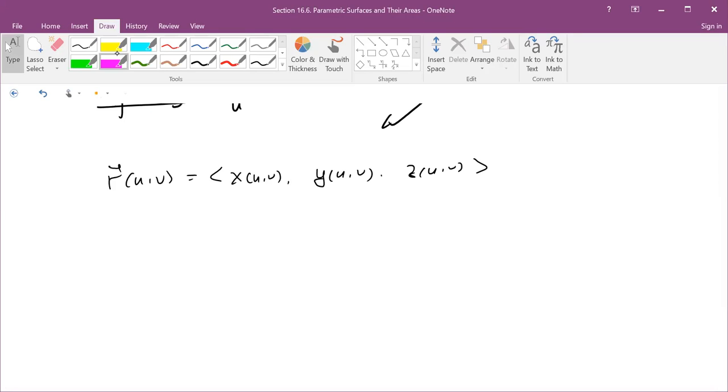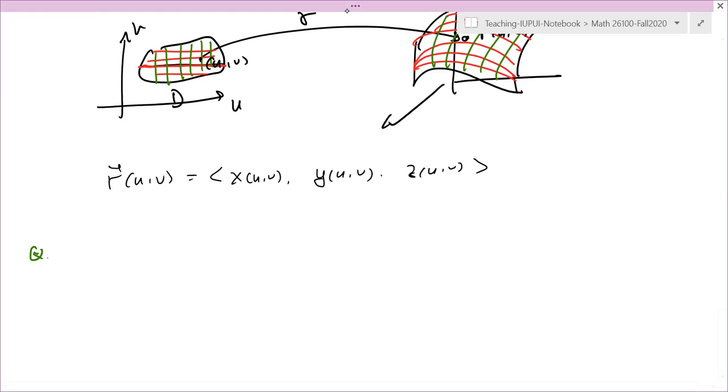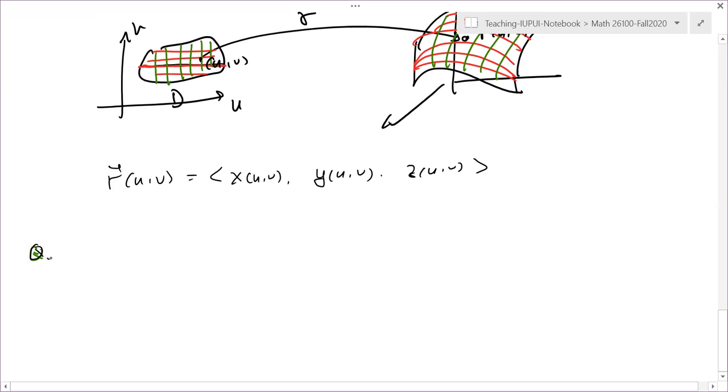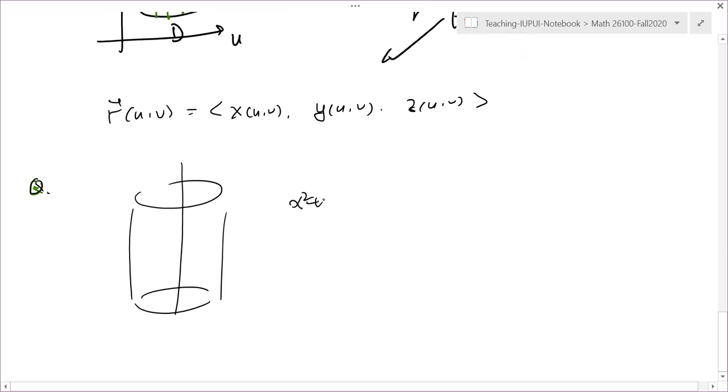Let's look at the circular cylinder, which is described by x squared plus y squared equals A, or R squared, and z is between A and B. So this is a portion of a cylinder.